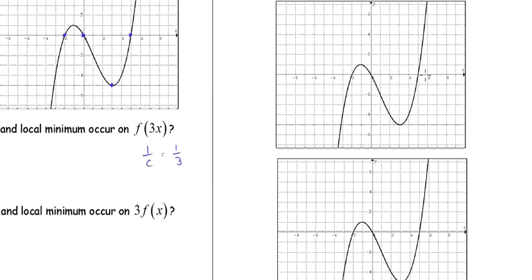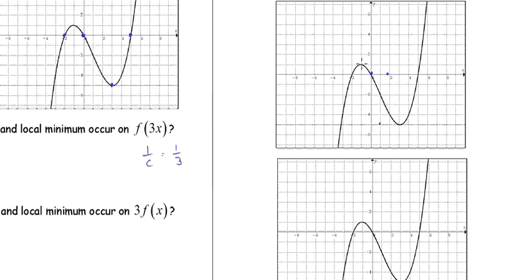Graphically, taking a look at that, 5 will become 5/3, that's 1 and 2/3. So right here, there's your new root. 0 is going to stay as a 0 root. Your minimum right here, which happened at 3, will now happen at 1.